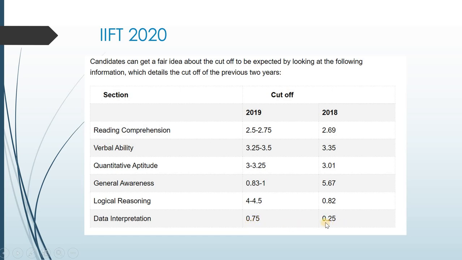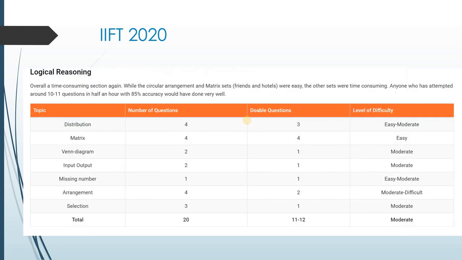It was 0.25 in 18. LR was 4 to 4.5 last year, as opposed to 0.82 the year before. General awareness, as I said, was very low. It was like 1 mark last year. So you can see more or less the cutoff will be around this. So it makes sense to first clear all the sectional cutoffs and then move to your strong areas.